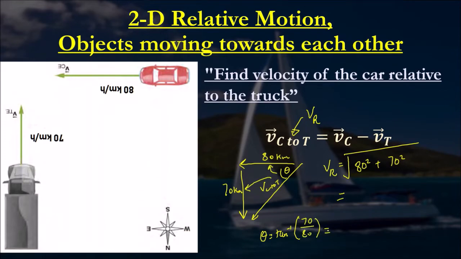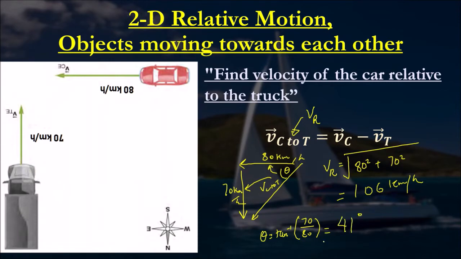Okay, so I'll just quickly grab my calculator, see what answer we get. Okay, so we have 106 kilometers per hour. Okay, should have said that's per hour. And then the angle we have is 41.